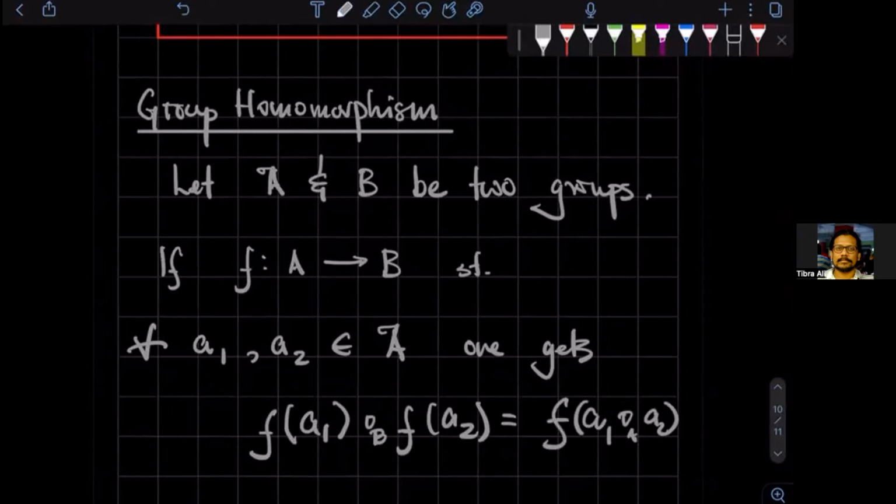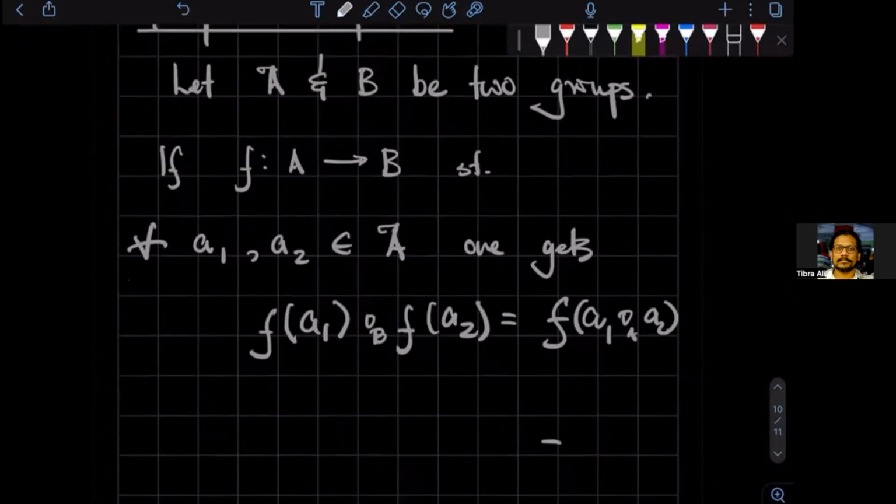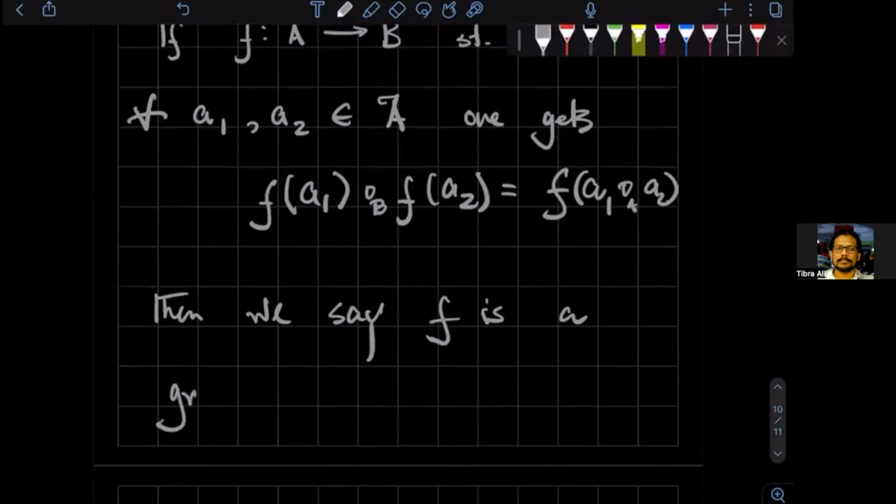So if the map F satisfies this, we say F is a group homomorphism. Okay, is this clear what I mean?